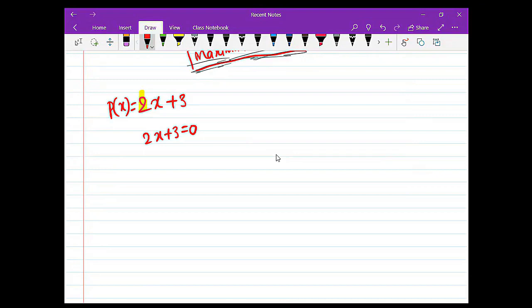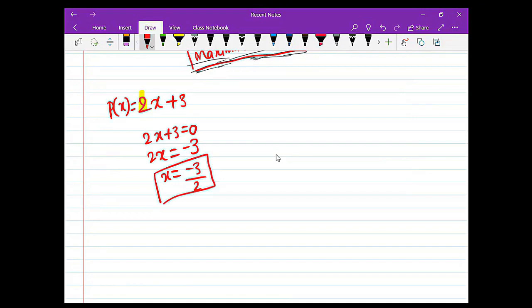Okay. See how you find x. 2x equal to minus 3 after transposing 3 to the right side. Then x equal to minus 3 upon 2. After transposing this 2 to the right side, we get divided by 2. That is x equal to minus 3 by 2.